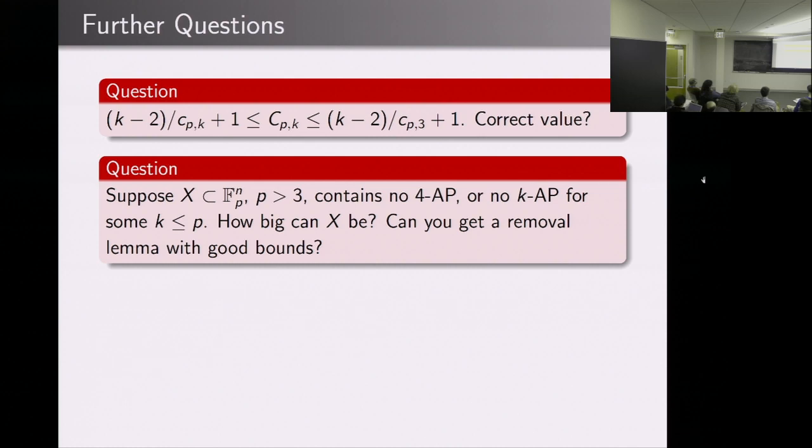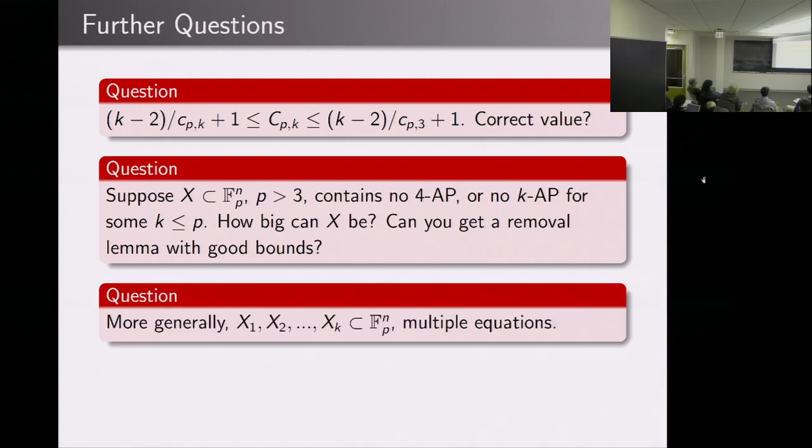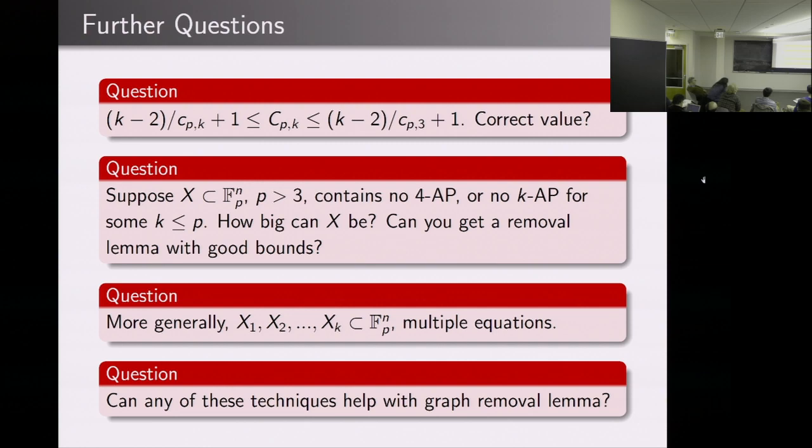You can get some removal lemma, but can you get polynomial bounds? And more generally, you can just ask, you have k sets and multiple equations, what can you get? As I mentioned, with a single equation, you basically just have one case, which is what we looked at, but for multiple equations, there are a multitude of possibilities. And finally, can any of these techniques help with the graph removal lemma?